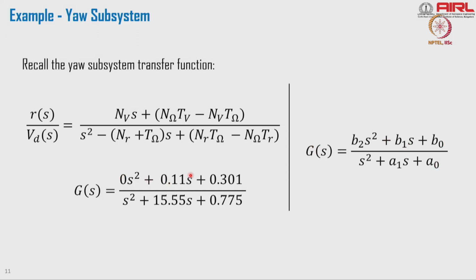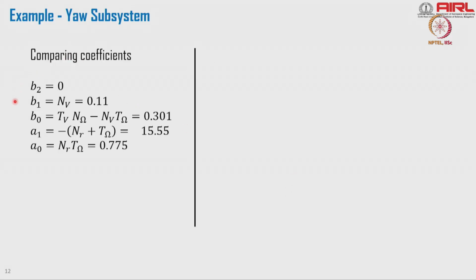So if I substitute, B2 is 0, B1 is 0.1, B0 is 0.301, right? A1 will be 15.55, A0 is 0.7755, right? So I get those coefficients.